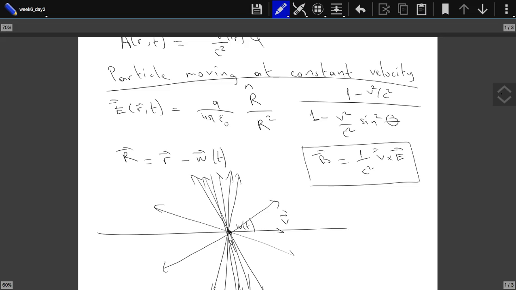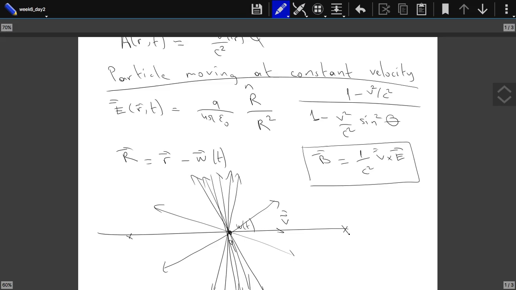So you are saying that at this instant, we just pick up this point and also this point. So what will be the magnitude of the electric field at those points? Let's see. They are at the same distance, so the magnitude of R is the same. One is at theta equal to 0.